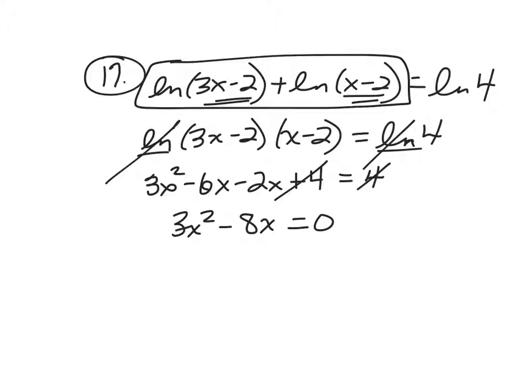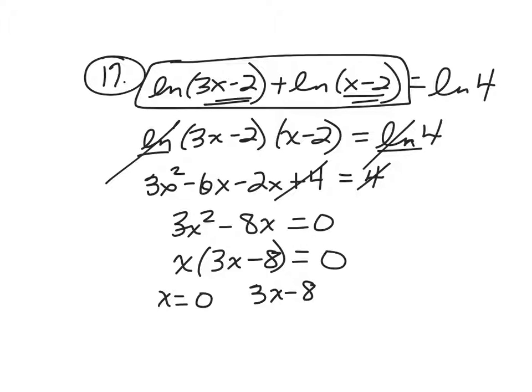We can factor out an x, so x times 3x minus 8 is equal to 0, which gives me x equal to 0, or 3x minus 8 equal to 0. If you add 8 and divide by 3, you get x equal to 8/3.